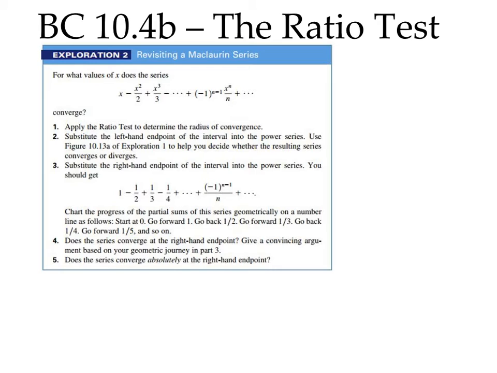We're going to substitute the left and right hand endpoints of the interval, and then try to figure out whether the resulting series converges or diverges. And we're going to talk about whether it converges absolutely at the right-hand endpoint. So let's get rid of this material on the screen and go through those steps.